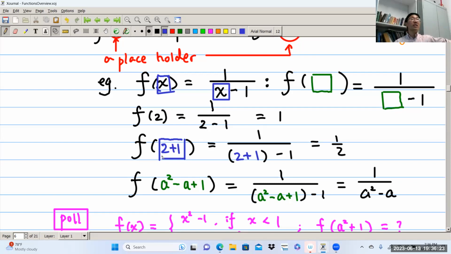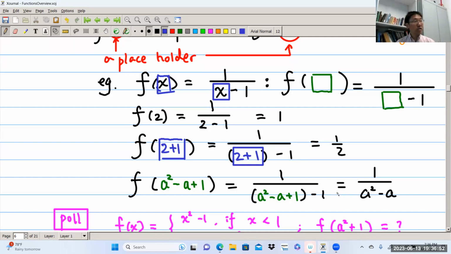It's a number, so it can be used as an input. I treat 2 plus 1 as a whole. Then you replace that x by that 2 plus 1, because you just wrap it up inside that box. It's just a number. So f of 2 plus 1 would be 1 over 2 plus 1 minus 1, and you get 1 half.